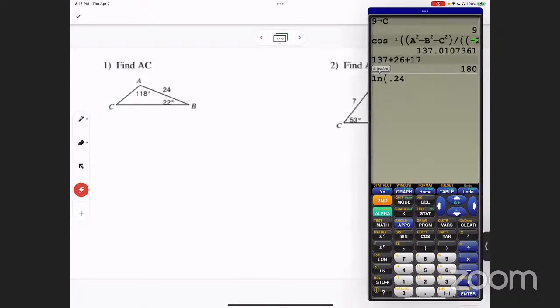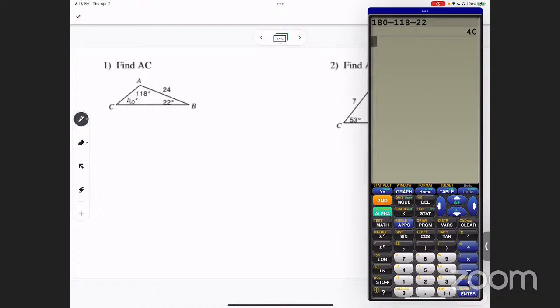Gabriel, if I have two angles, how do I find the third one? Don't forget the basic stuff. What do three angles always have to add up to? 180. Yeah, so just subtract it from 180. So that's 40.